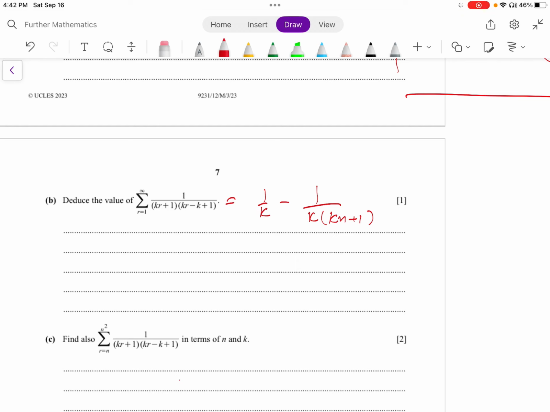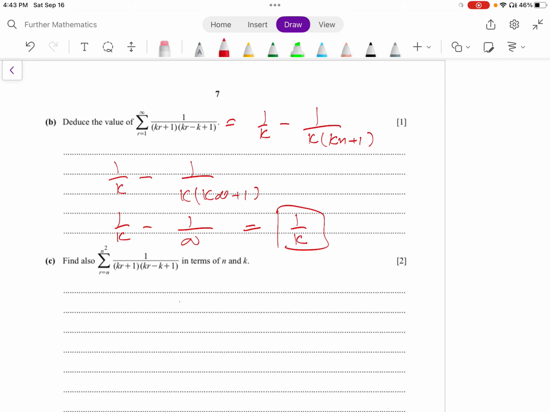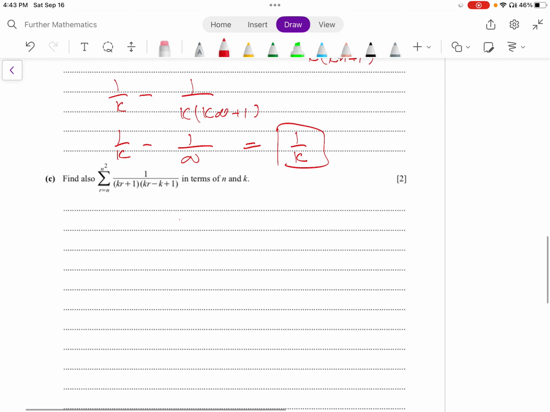Since n is already in the denominator, it becomes 1 over infinity, because infinity added to something is still infinity, and infinity multiplied by a constant remains infinity. So we have 1 over k minus 1 over k times (infinity plus 1), which is basically 1 over k minus 1 over infinity, giving 1 over k. So if n goes to infinity, the sum approaches the value of 1 over k.